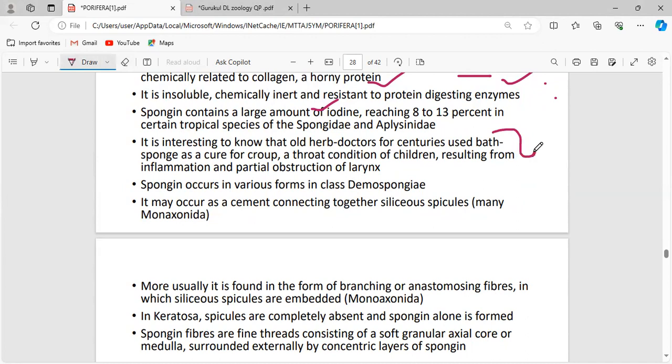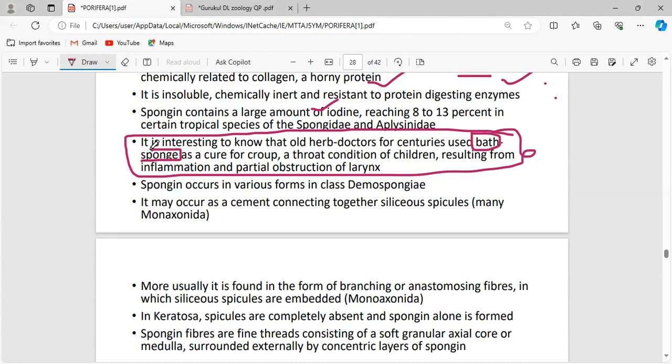So from this point you have to understand that spongin also has some economic importance, mainly medicinal importance. There is a type of sponge called the bath sponge that is a cure for croup. And what does croup mean? This is the throat condition of children resulting from the inflammation and partial obstruction of the larynx. Okay, this is an important point.